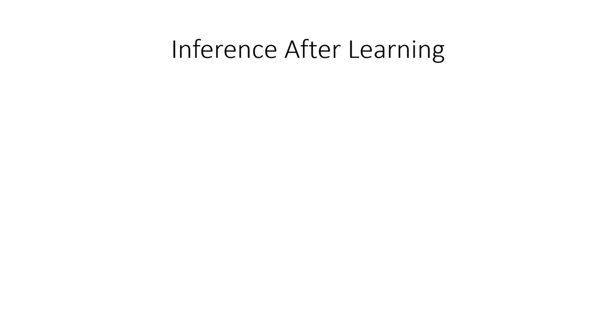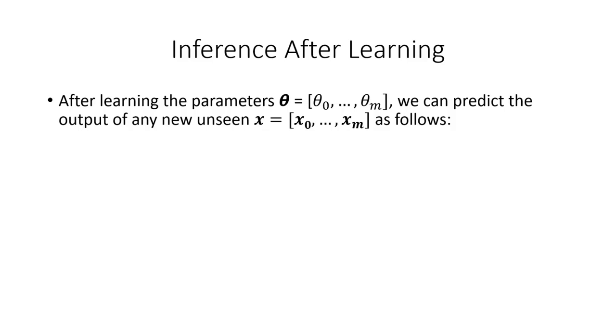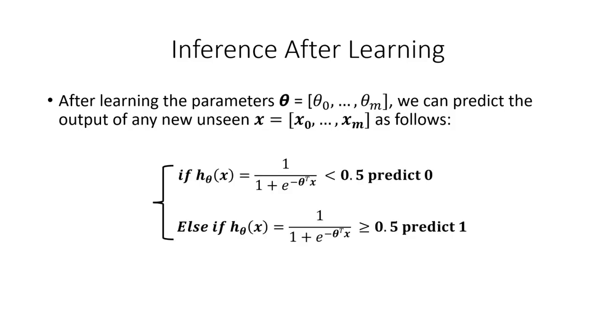Inference: how we infer after learning, after applying logistic regression. After learning the parameters, theta 0 to m, we can predict the output for any unseen x as follows. We put a threshold value like 0.5.